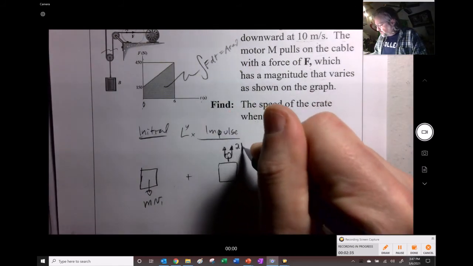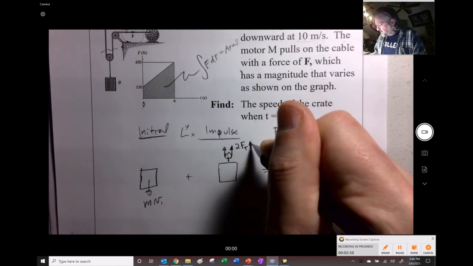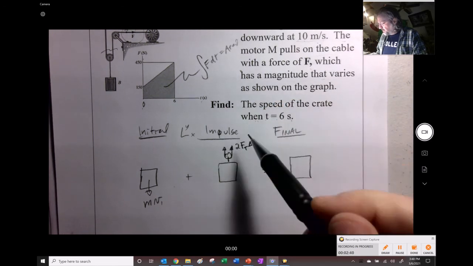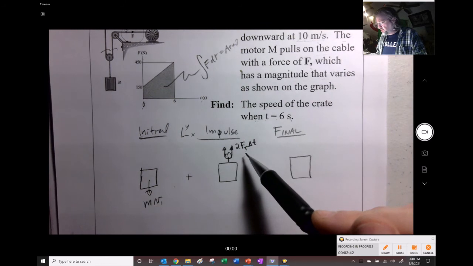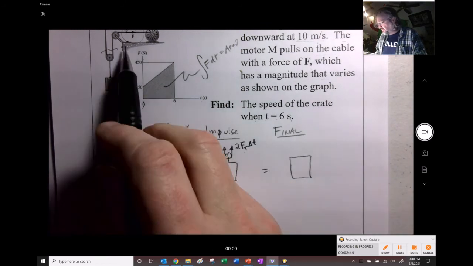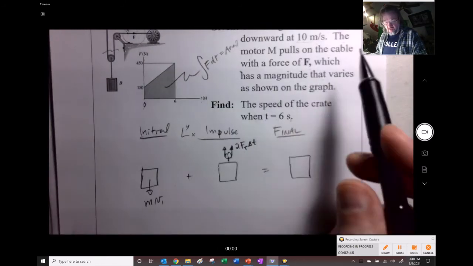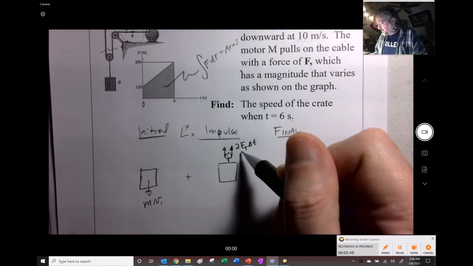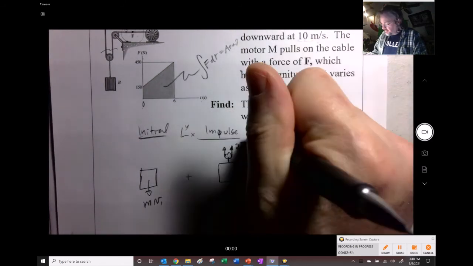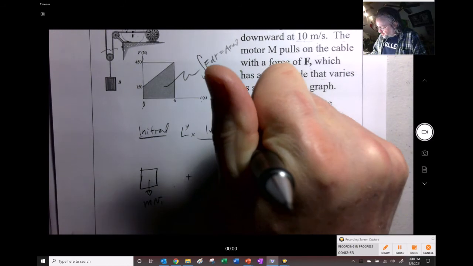So it's going to be 2 times the amount of that tension, that F that's up above, and we want to integrate that. I just said delta t, which is not true.